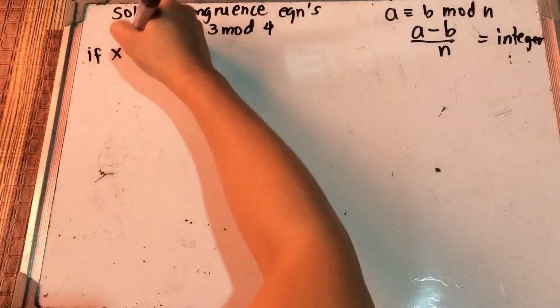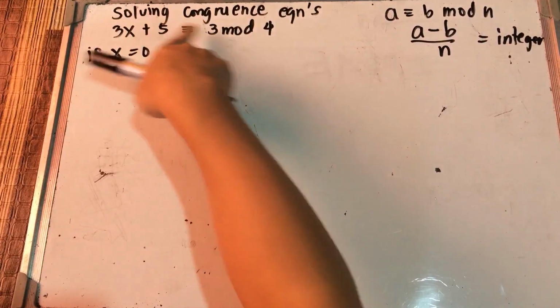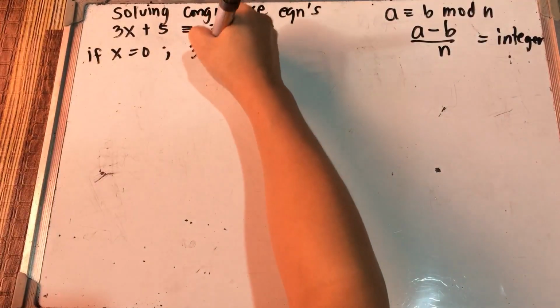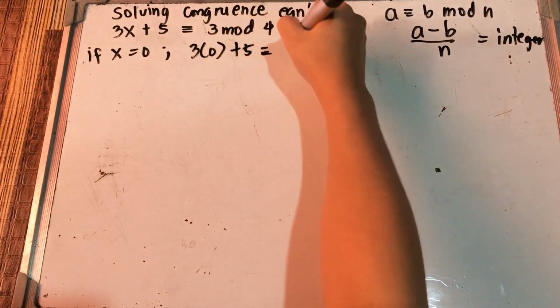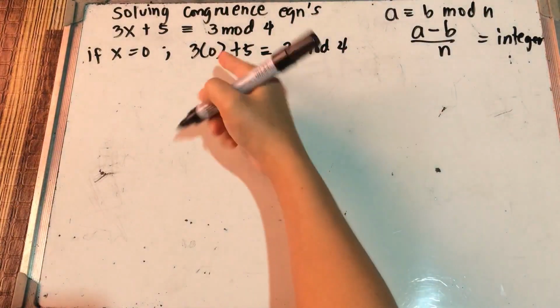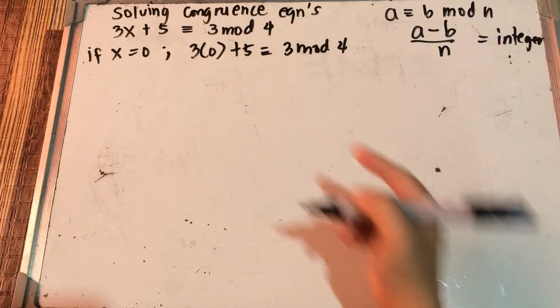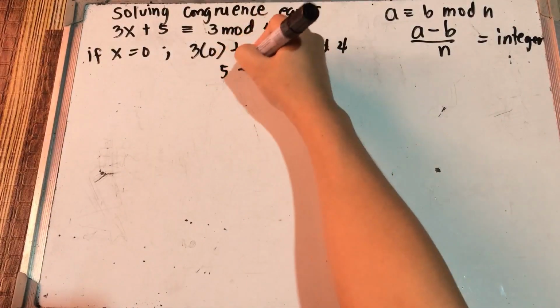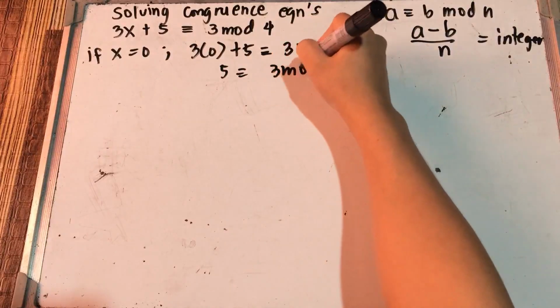If x is equal to 0, ipapalit lang natin sa given congruence and then test whether it is true or not. So, we have 3 times 0 plus 5 is congruent to 3 modulo 4. Magiging 5 ito. 5 is congruent to 3 modulo 4.